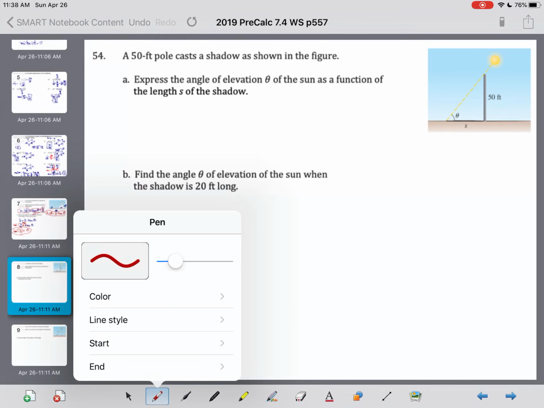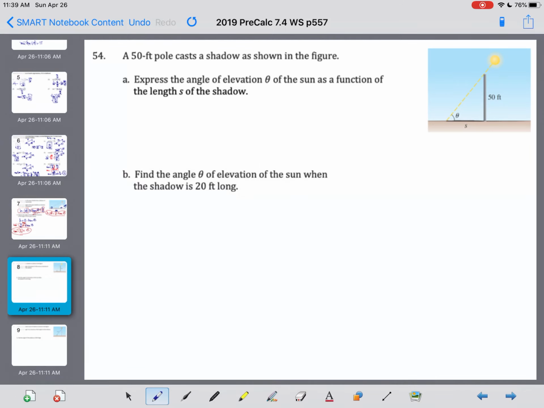Now similarly, this next problem follows the same pattern. Again, I've got an angle, I've got the opposite, I've got the adjacent, and so I've got tangent here. So the height is, well, here they ask the angle of elevation.